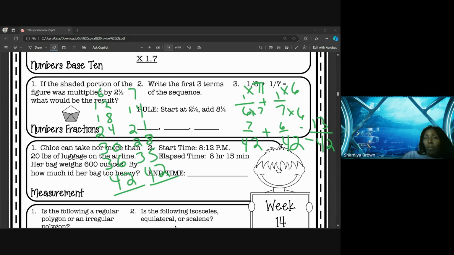So 1 plus 3 is 4. So that's not a multiple of 3. It's not a multiple of 4. It's not a multiple of 5 or 6 or 7. So 13 is a prime number because it doesn't have any other factors other than 13 times 1. So I know this is going to be as simple as I can get.